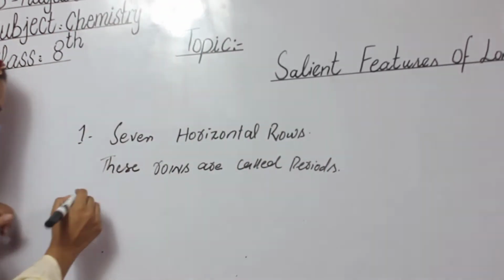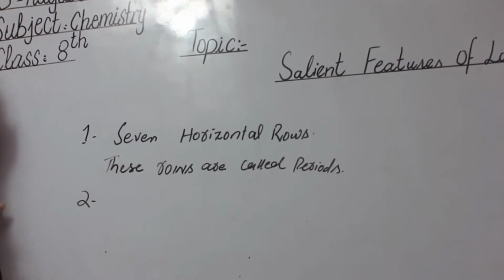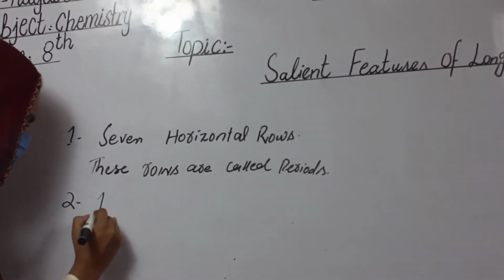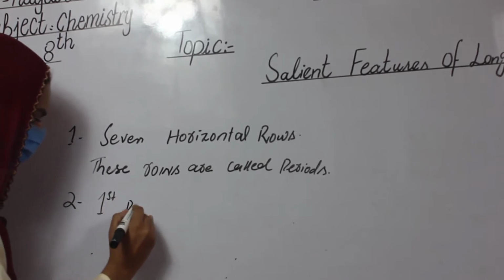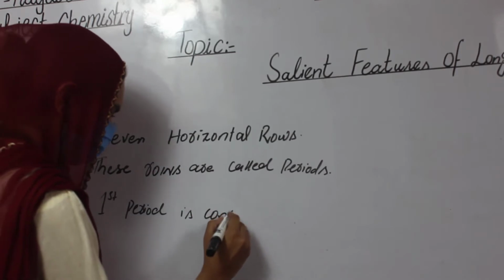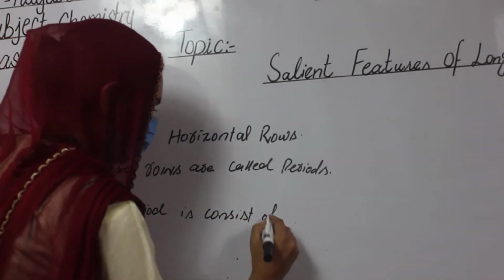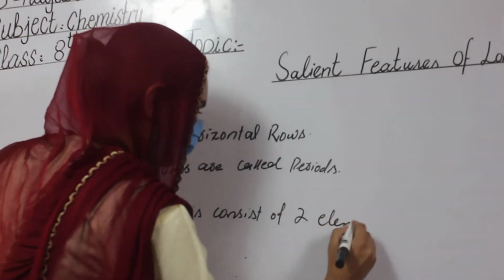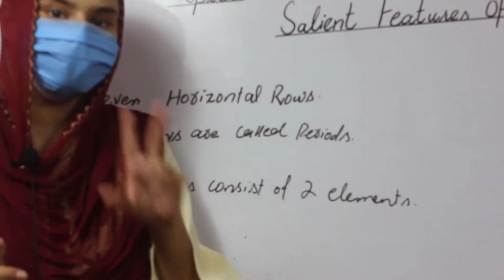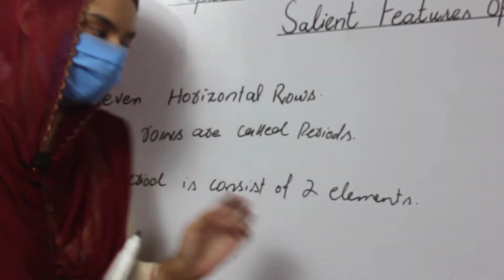The second feature of the periodic table is that the first period consists of 2 elements. Means in the first row of the periodic table just 2 elements are arranged.